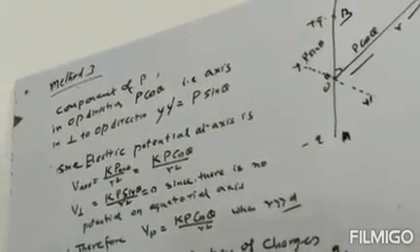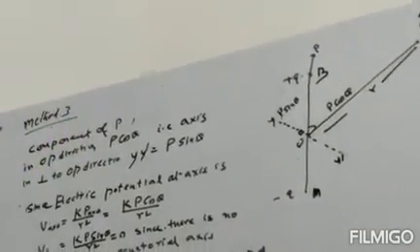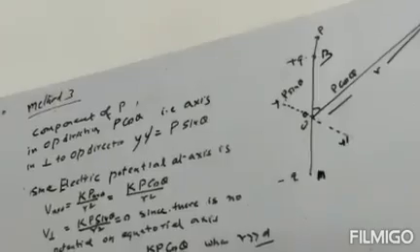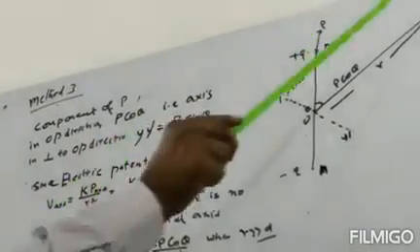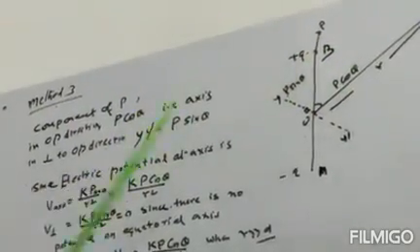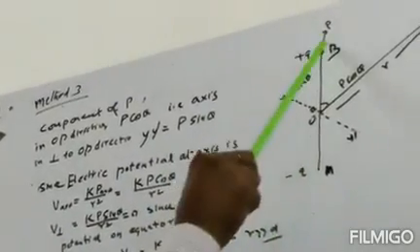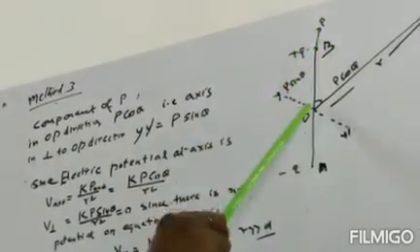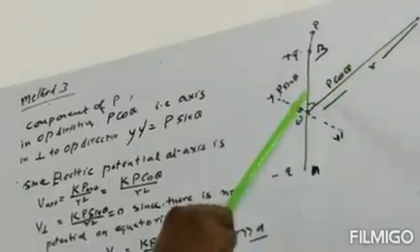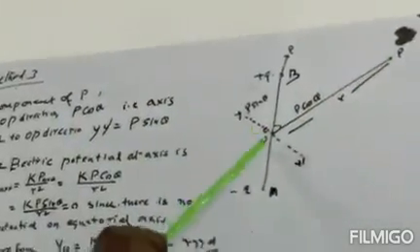Now we will explain the third method by which we can find the electrical potential at point P due to an electrical dipole. So this is the electrical dipole. The minus charge is at A and the plus charge is at B here. And this is the line joining OP.